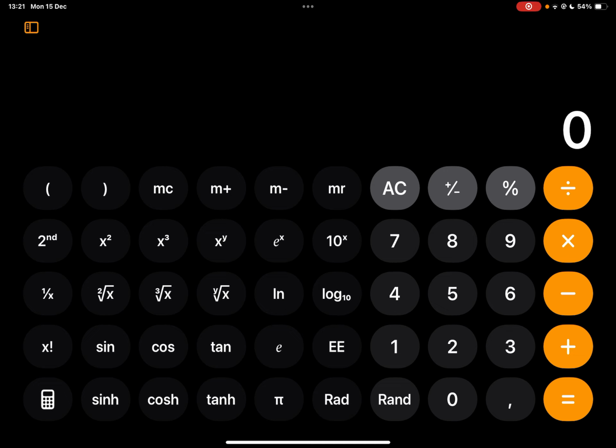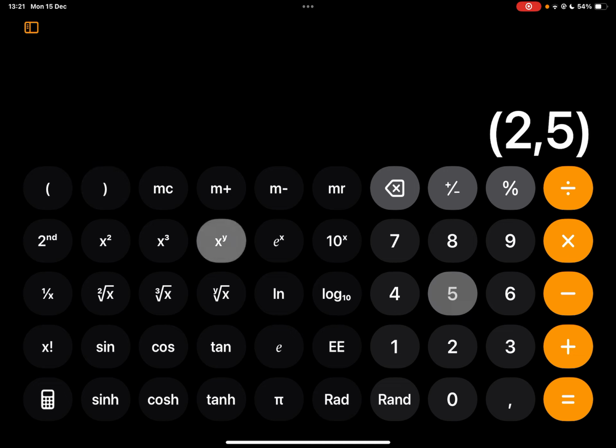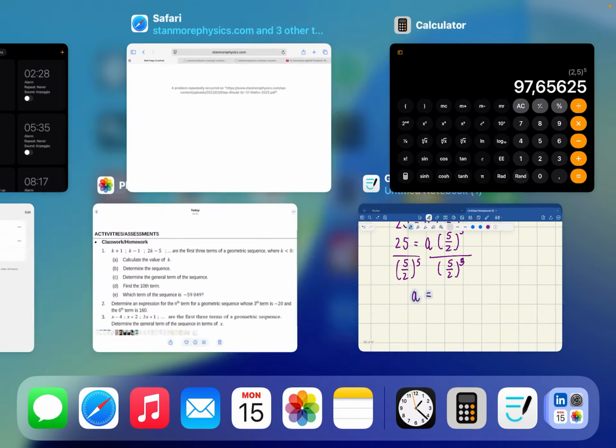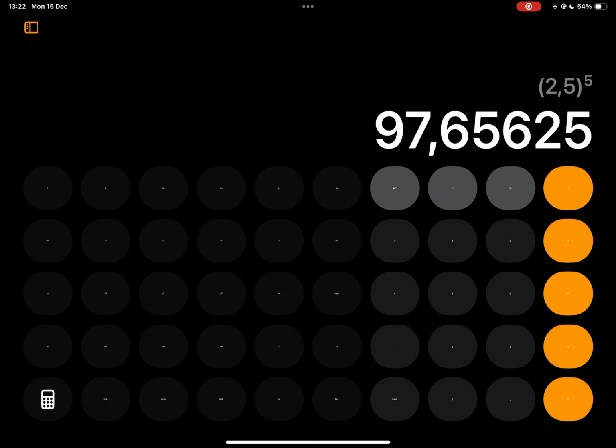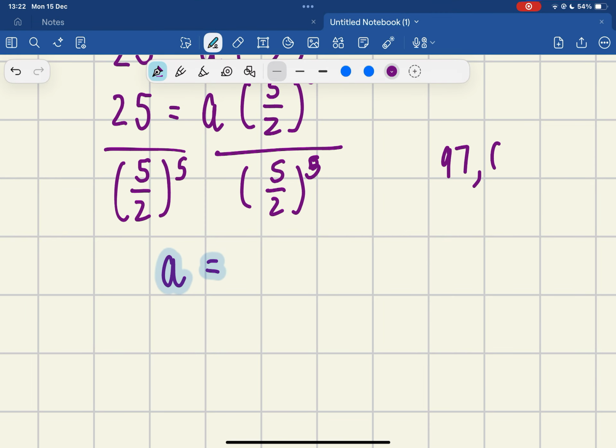Okay, here we go. 2.5 to the power of 5 gives us 97.65625.